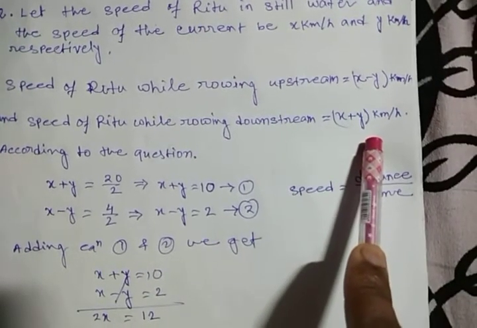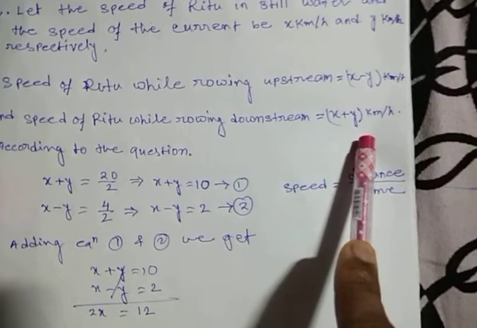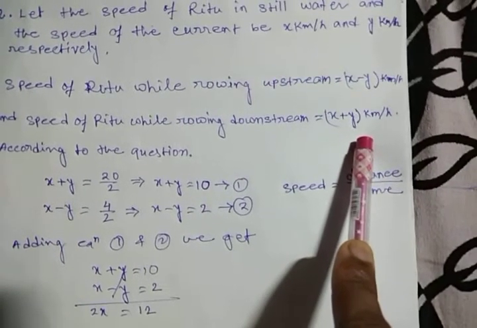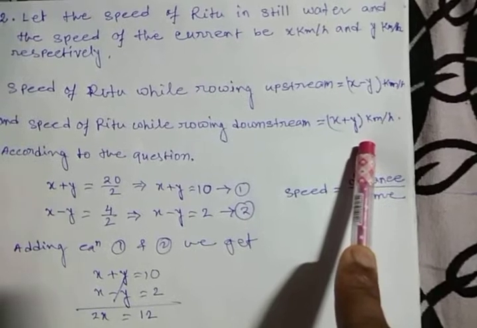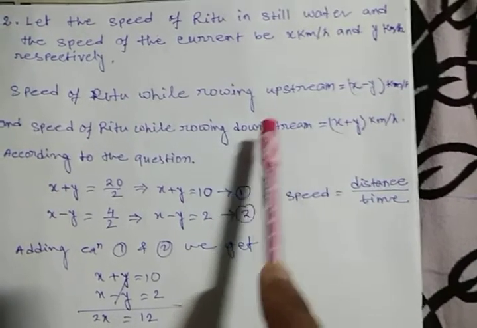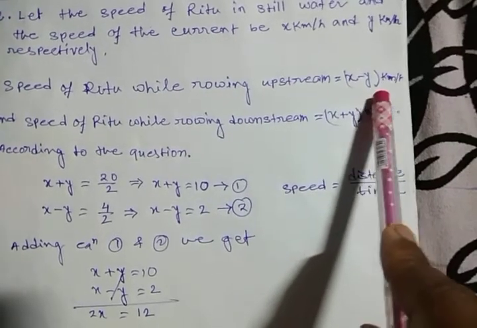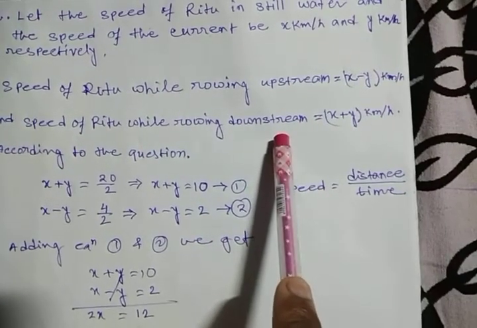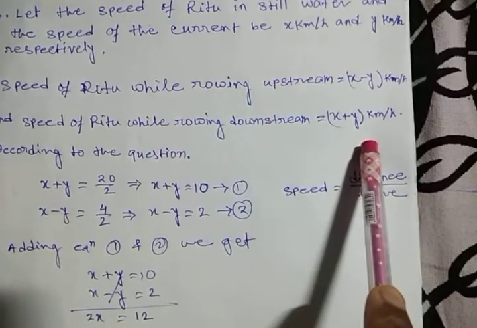That means we need to add the speed of the current while Ritu is rowing downstream, because Ritu is rowing in the same direction as the current. So the resultant speed of Ritu while rowing upstream will become x minus y km per hour, and while rowing downstream, the resultant speed will become x plus y km per hour.